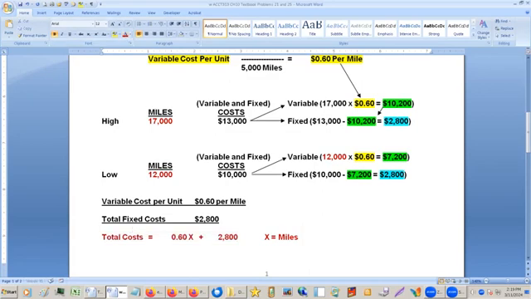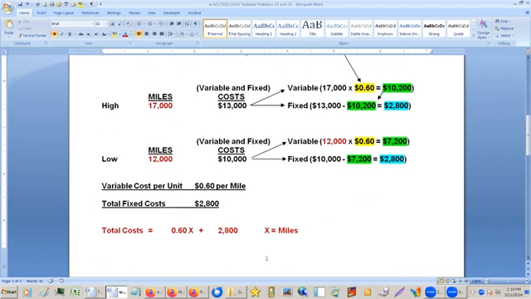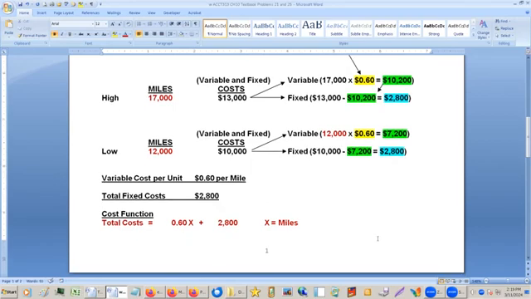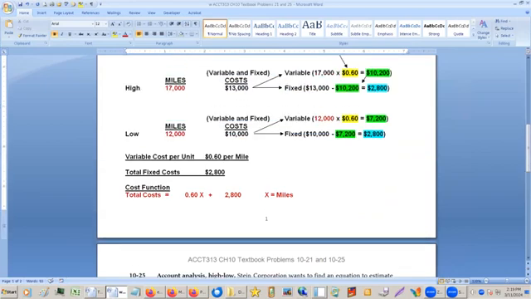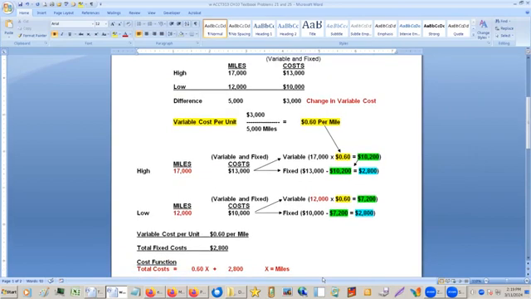That's the cost equation, the cost function. Any question on that? I'm going to get a screenshot of that.